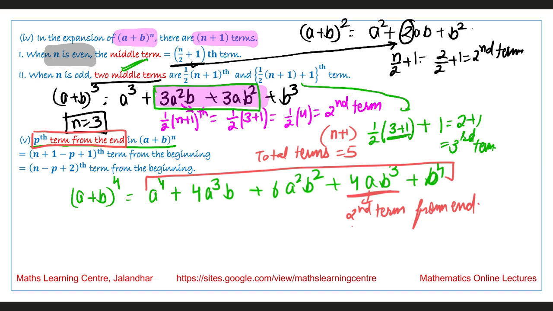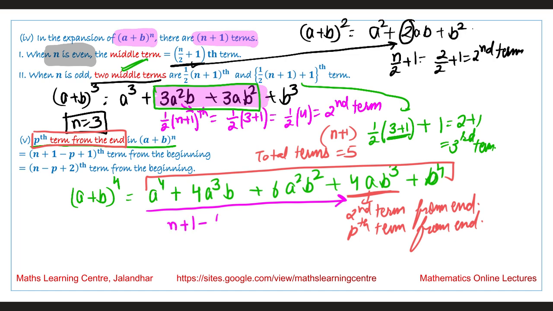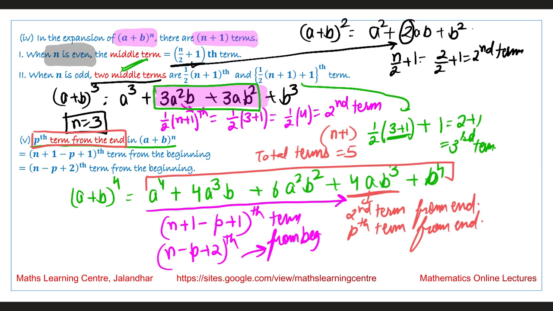If I am saying the pth term from the end, and I have to see which term it is from the beginning, it is the (n + 1 - p + 1)th term from the beginning, that is the (n - p + 2)th term from the beginning.